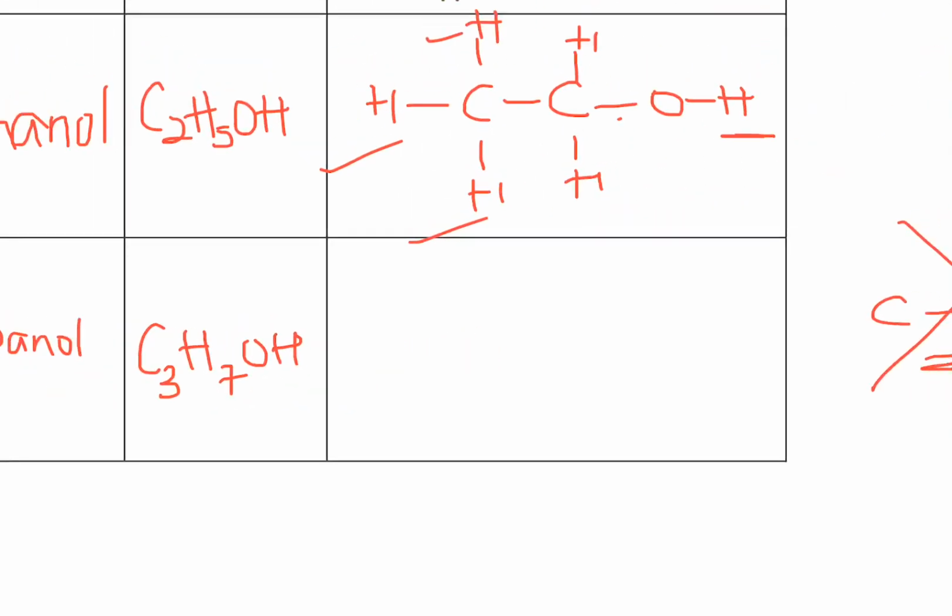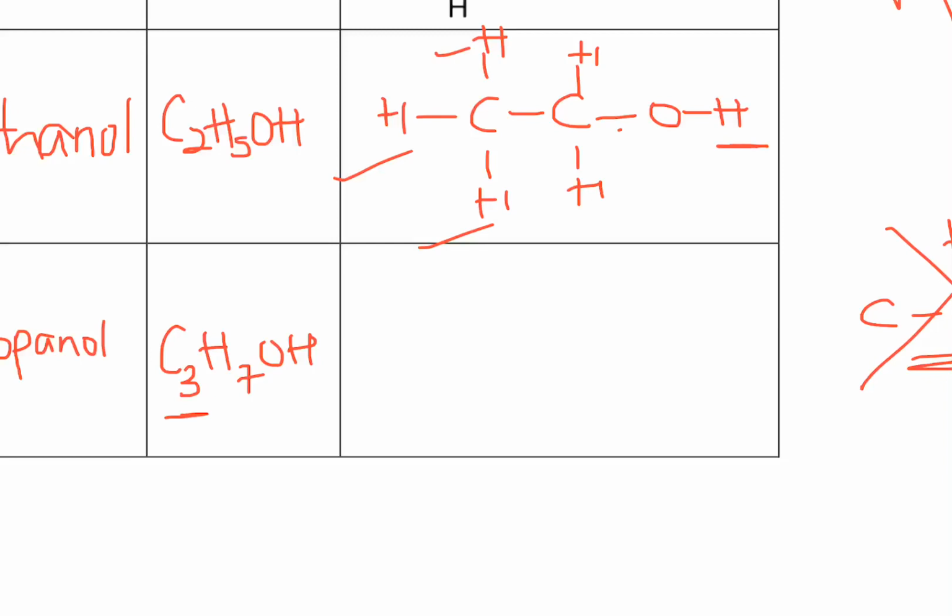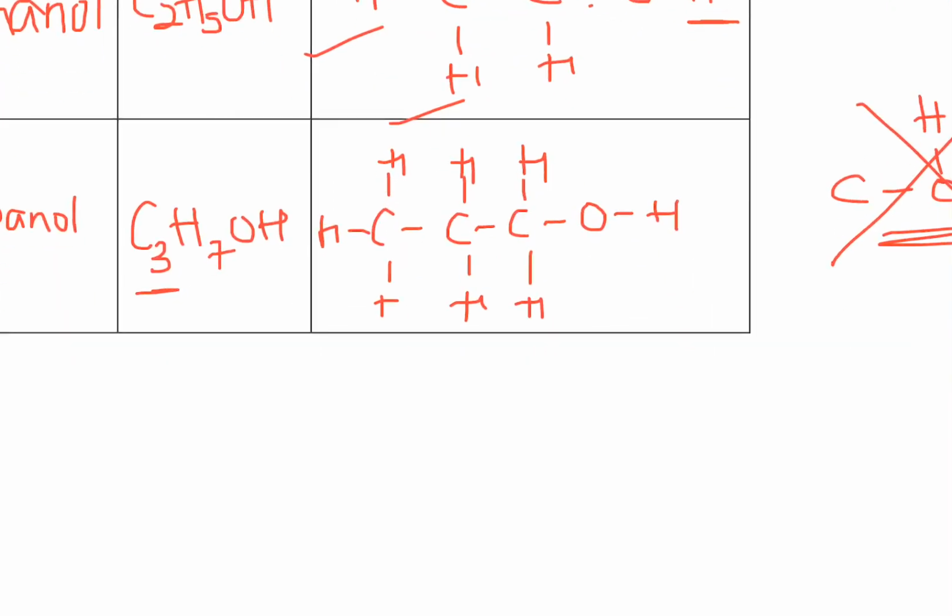And for the structural formula, let's draw the 3 C's, 1, 2, 3. Let's draw the OH at the end of the molecule, and then we fill up with H everywhere. So like this. Now you could also draw it like this. It's the same thing.